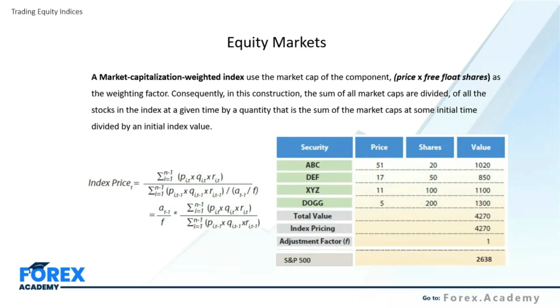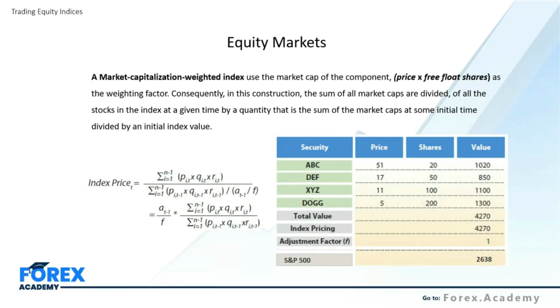In a more simple approach, we can look at the table there to the right-hand side where we see the securities. Let us imagine ABC is an equity index. We can see some securities there: ABC is perhaps one company, DEF another company, XYZ another company, and DOGG another company.